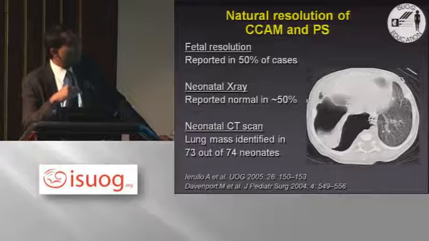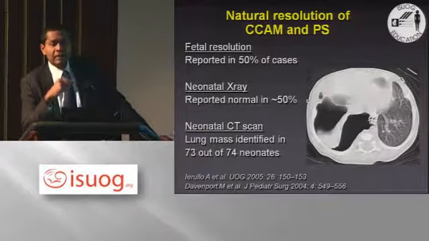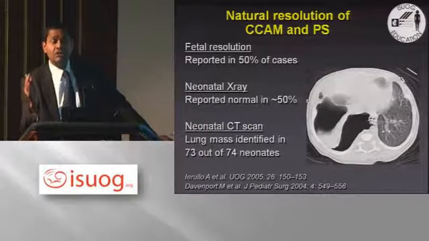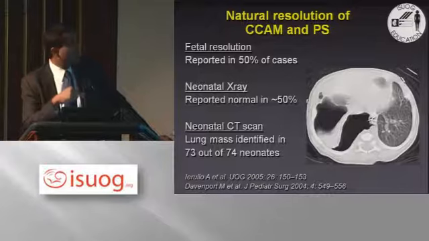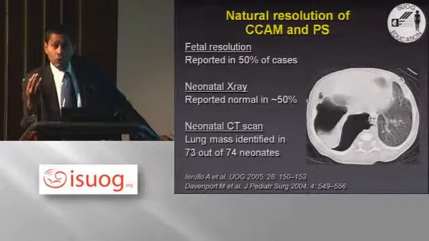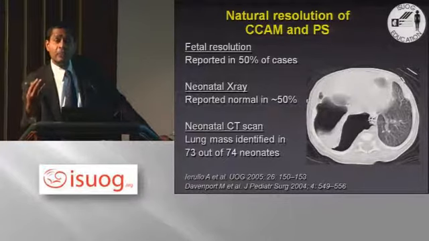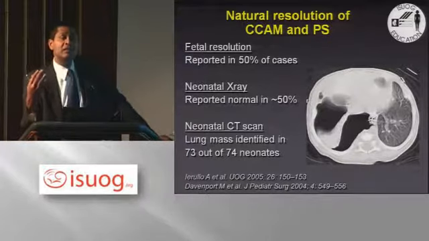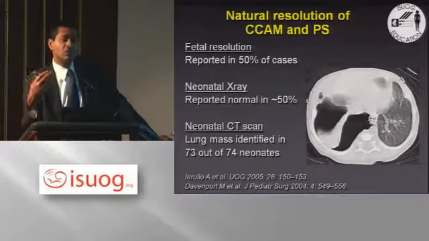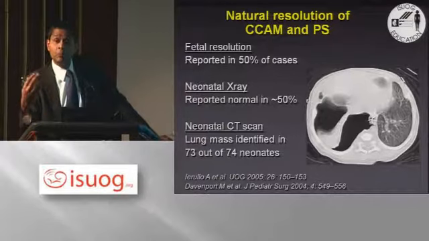So it's absolutely vital: if you've seen it prenatally and it has persisted for more than 2 or 4 weeks, then it is an echogenic lung lesion of CCAM or pulmonary sequestration origin. And in our cohort, because we looked at a historical cohort, we had to chase up 20 babies that had been sent home with a normal X-ray saying it's all resolved, you're all fine, in order that the respiratory pediatricians could then do appropriate follow-up for these babies.